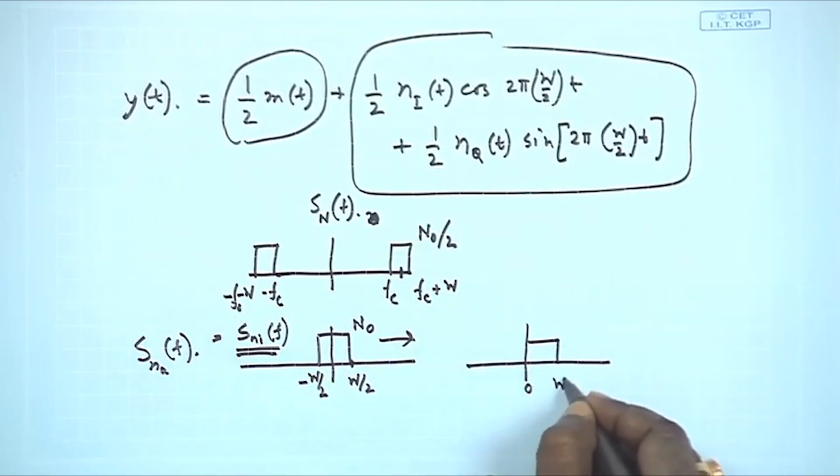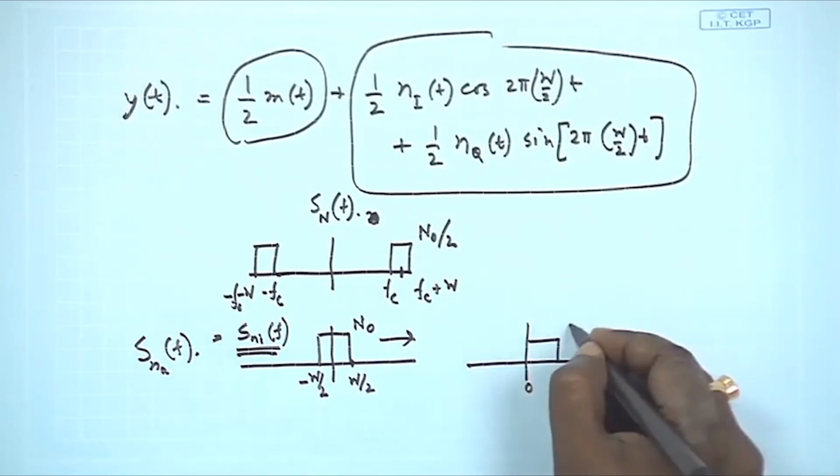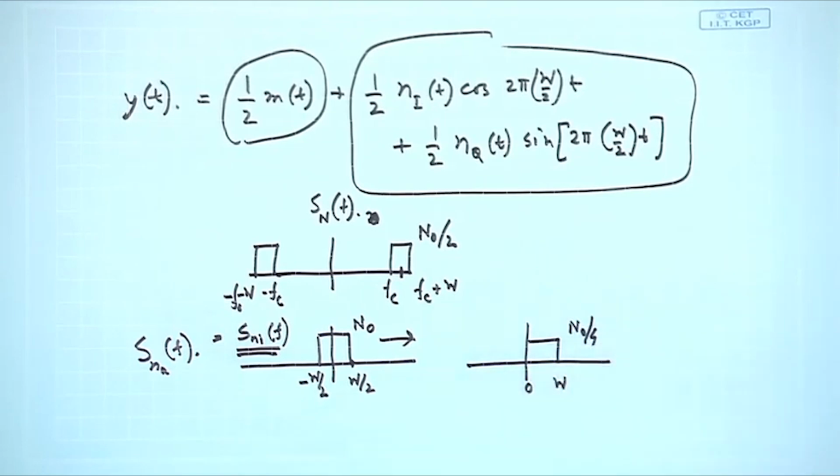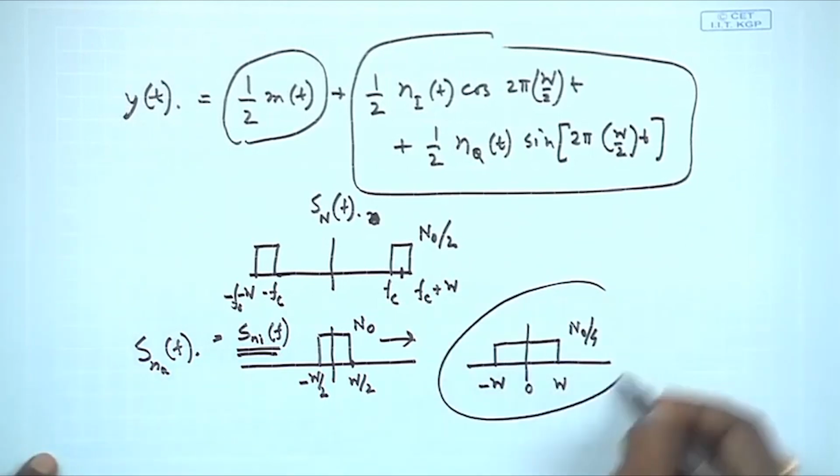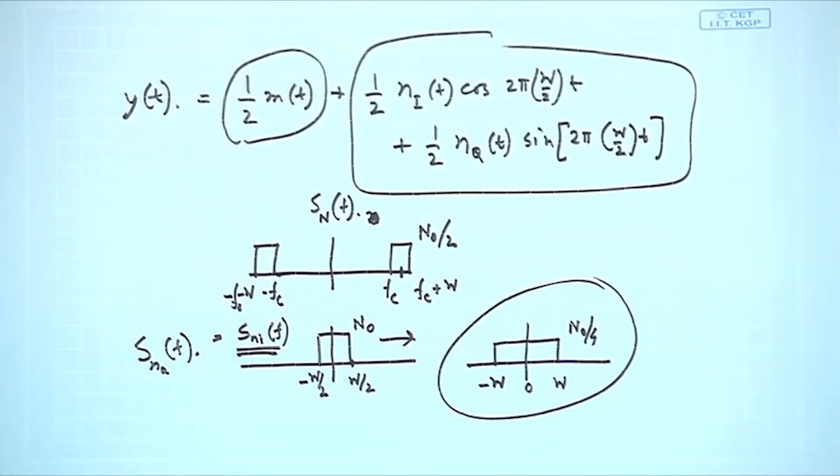So, it will occupy 0 to W with a strength of N0 by 4 and shifted on the left. So, that will occupy this part, it will come up to W and the strength will be again N0 by 4. So, that should be the spectrum. Is this fine?